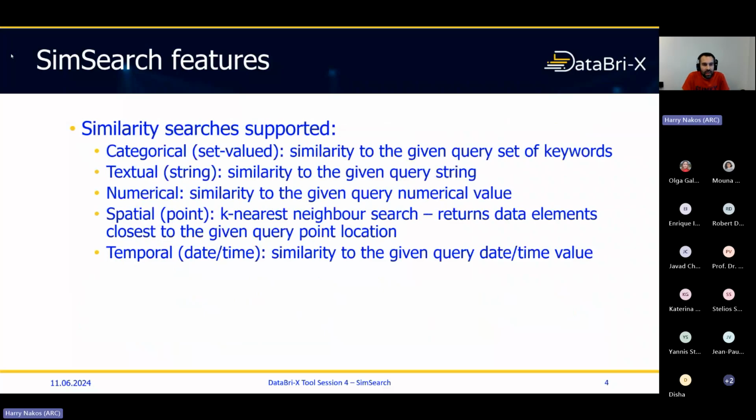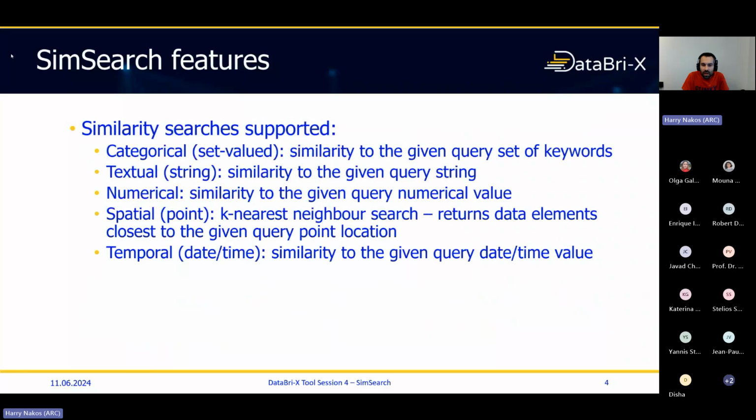In detail, the attributes supported are set values, categorical data, where the similarity is checked against a set of keywords. Textual, where the similarity is checked against the query string and possibly uses Levenshtein distance. And numerical, where the values are checked for how close they are together.